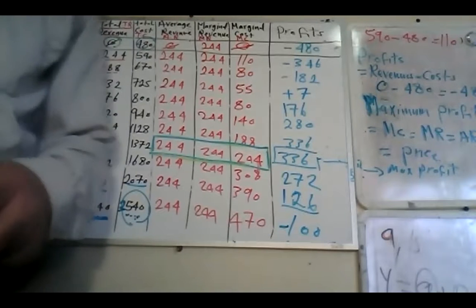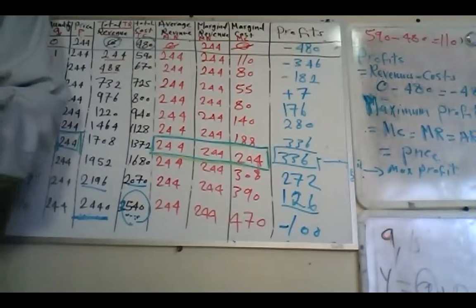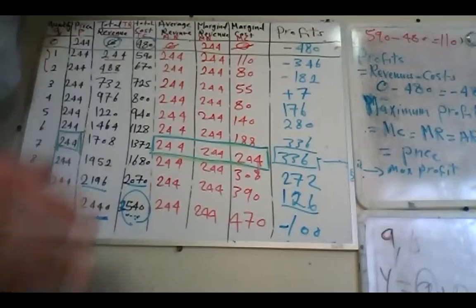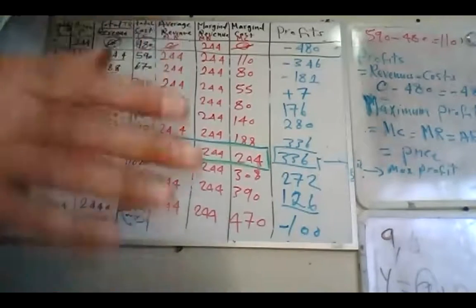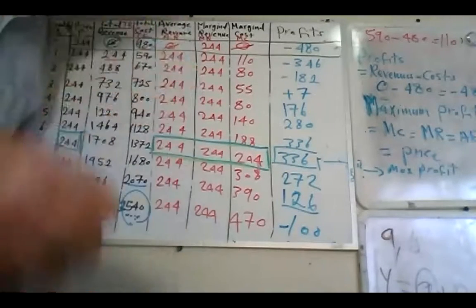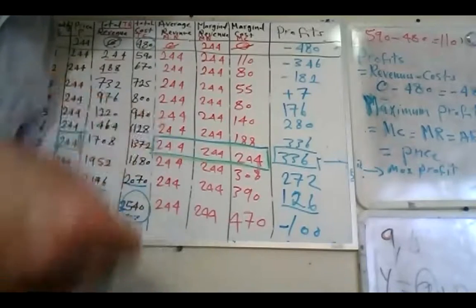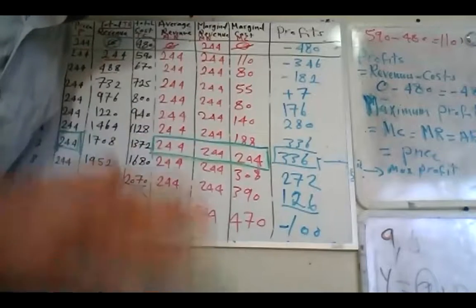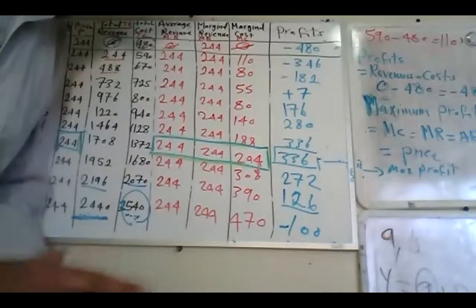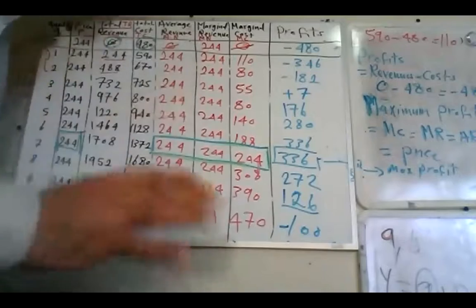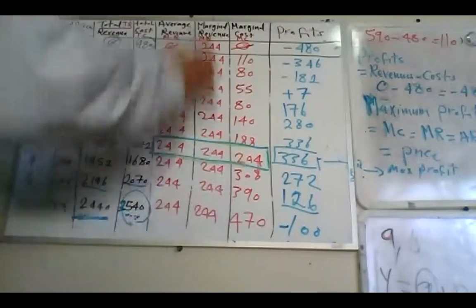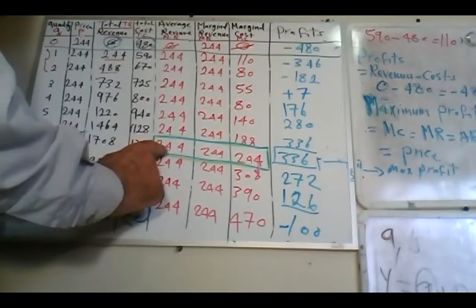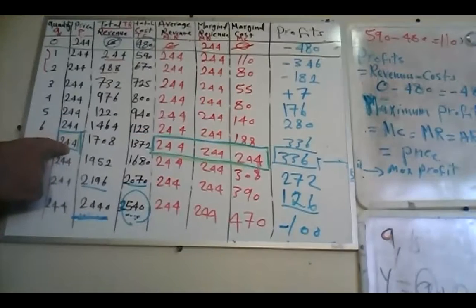So in the perfect competition market, as you see, the point which will achieve the maximum profit for any organization working in a perfect competition market is when the marginal cost equals the marginal revenue, equals the average revenue, equals the selling price.